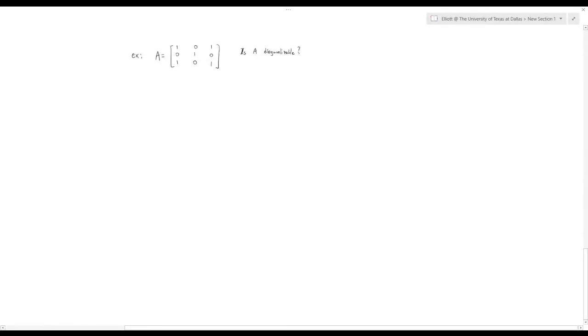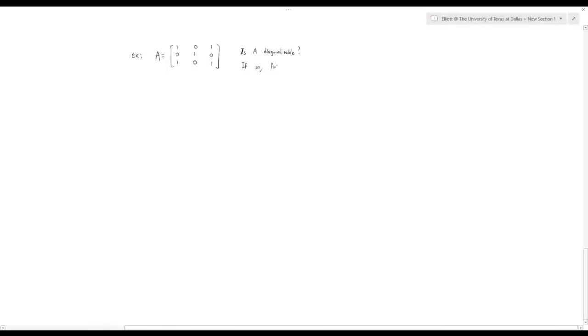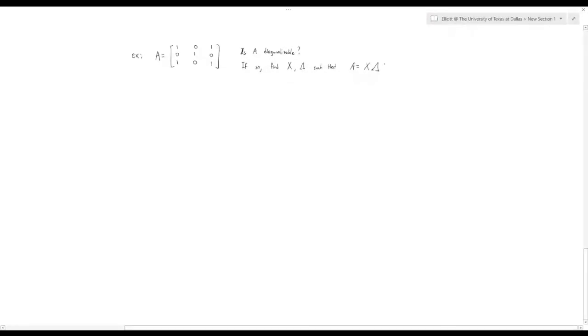And then, again, if so, we want to find the matrices X and capital lambda such that A will factor as X times capital lambda times X inverse, okay? All right, so this example should work out more nicely.